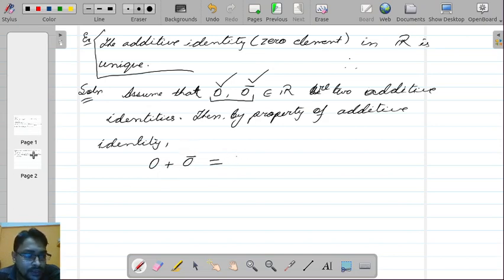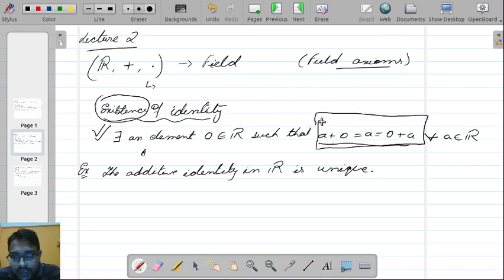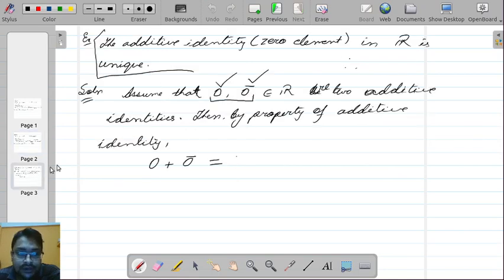The property that I told you: if 0 is the additive identity, then a plus 0 equals 0 plus a for every a inside R. So by the property of 0 bar as additive identity, I have considered 0 and 0 bar as additive identities. First let us use the fact that 0 bar is an additive identity.